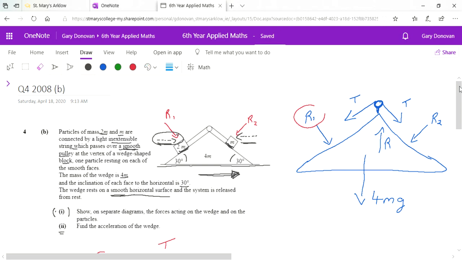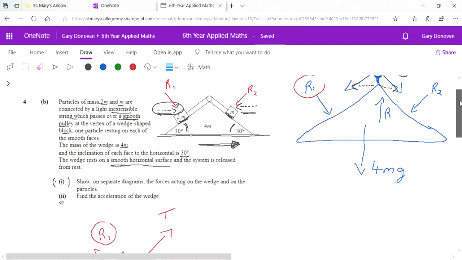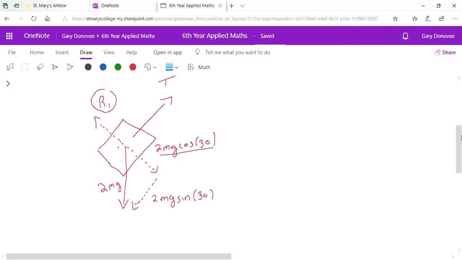Now they're not the only horizontal forces acting on it. You could look at the T and say that the T is going to have a horizontal component in this direction and a horizontal component in this direction. But because these are the same angles and this T and this T are the same, those forces will cancel each other out. So really the only horizontal forces that matter are the horizontal components of R1 and R2. So it's really important that R1 is not equal to 2mg cos 30.